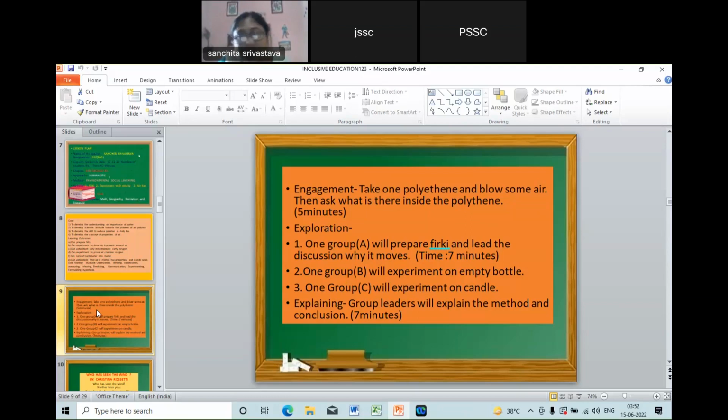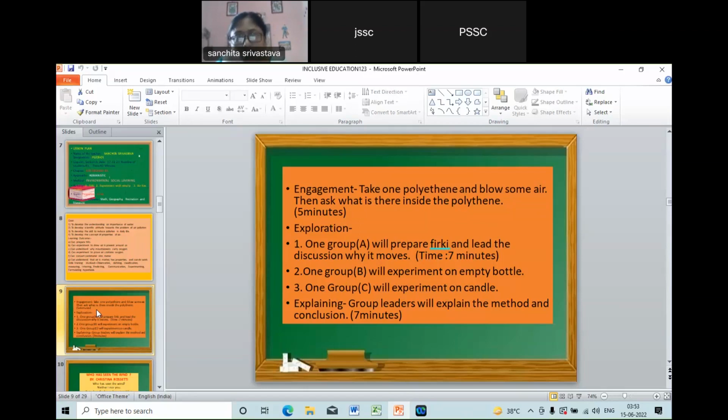Otherwise, the rest are all normal children. And 21st century children are much, much smarter than we teachers are. So if you give them just a brainstorming activity, your work is half done. See the commotion, the explanations, the inquiries, the things they come out with.